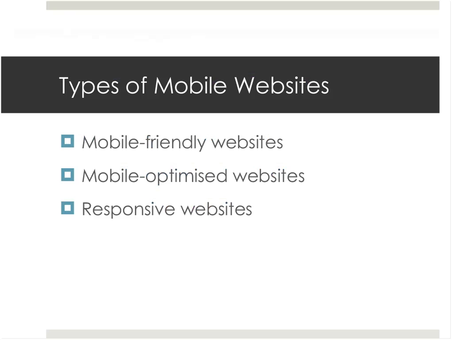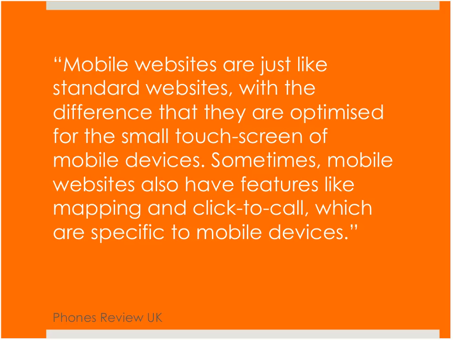So in terms of mobile websites, you can generally think of mobile websites as divided into three types. So there's mobile friendly, there's mobile optimized, and there's what's called responsive websites. Mobile websites function basically just like any standard website. The only differences are that they're usually optimized for smaller screens.